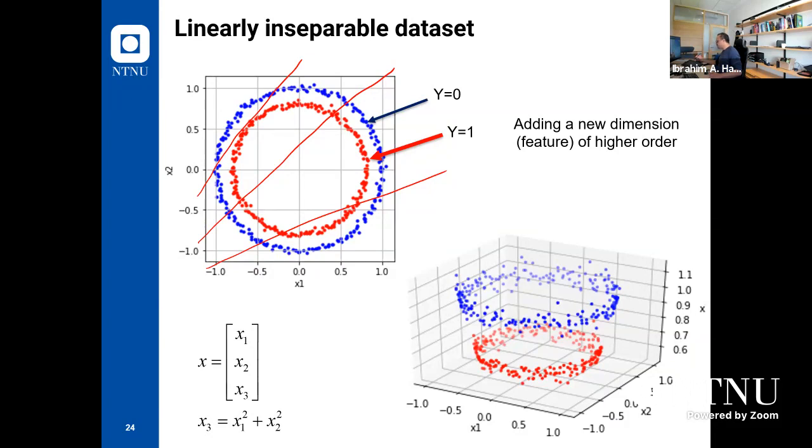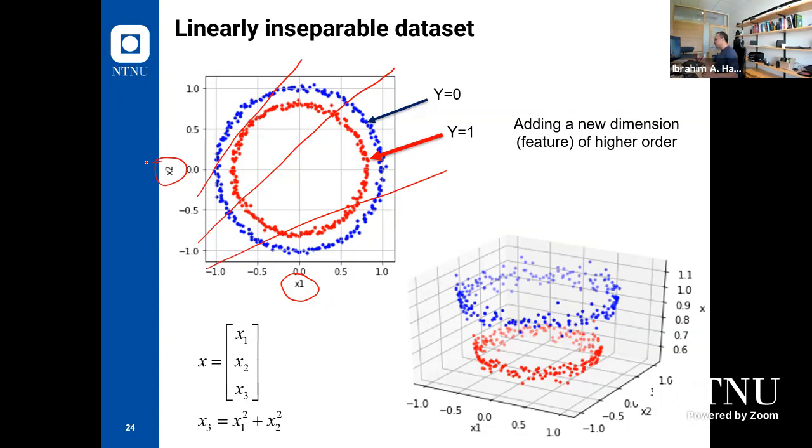It looks simple, but one way for solving it is to try to extend it with higher order features. If we can add higher order features, maybe we can find a simple model for separating it. We have here x1 and x2, and we plot the data in two-dimensional space.